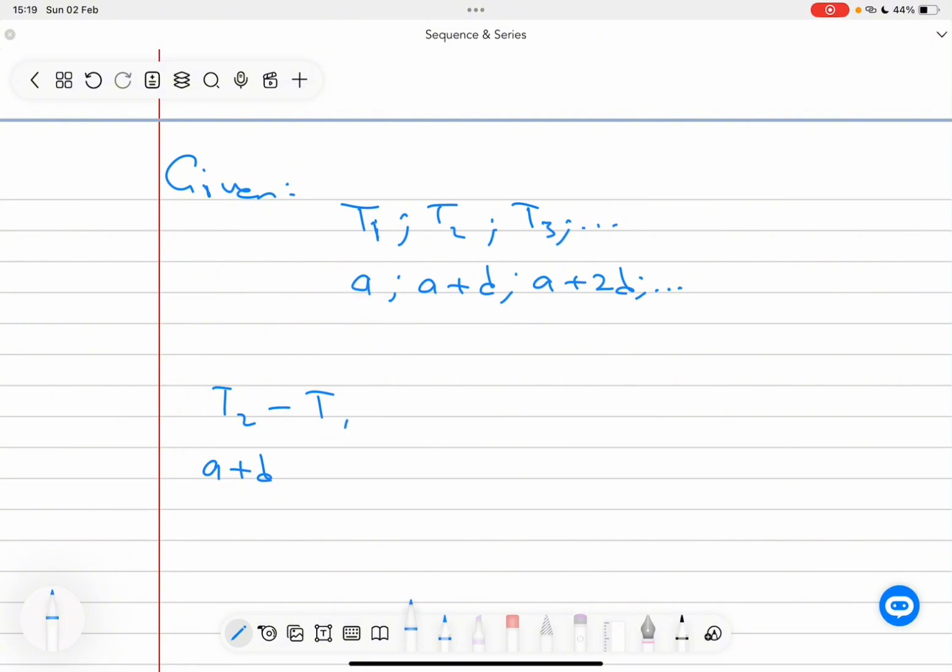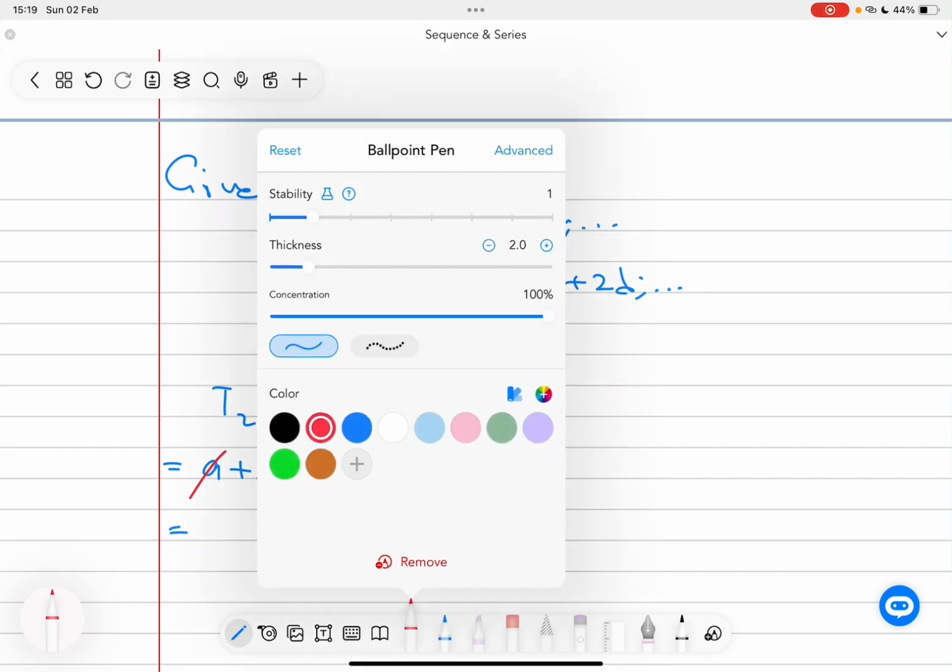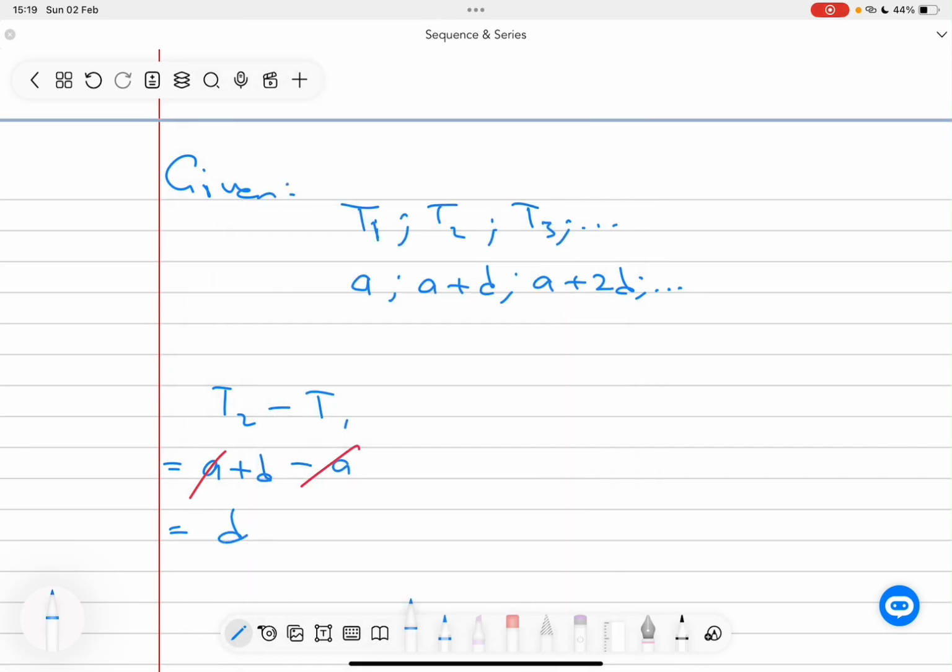This is term 1 here, so I'm going to have negative A. And this will reduce down so that the A and the A cancel each other out, because A minus A is 0. So these two will cancel each other out so that I have a D. If I were to take term 3 minus term 2, this would give me term 3, which is going to be A plus 2D.